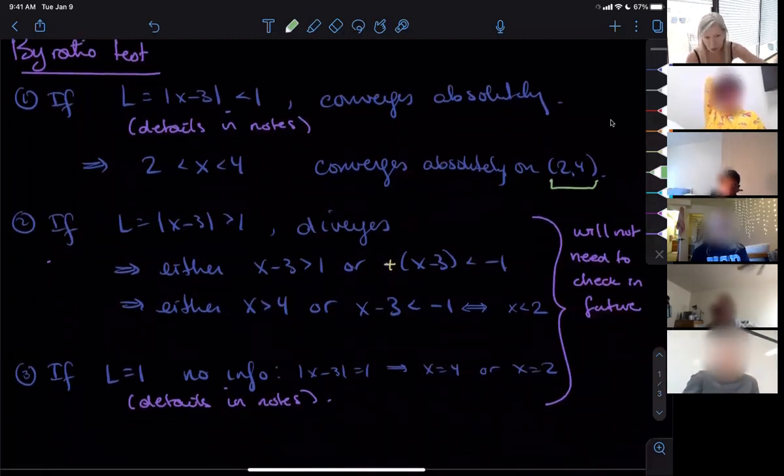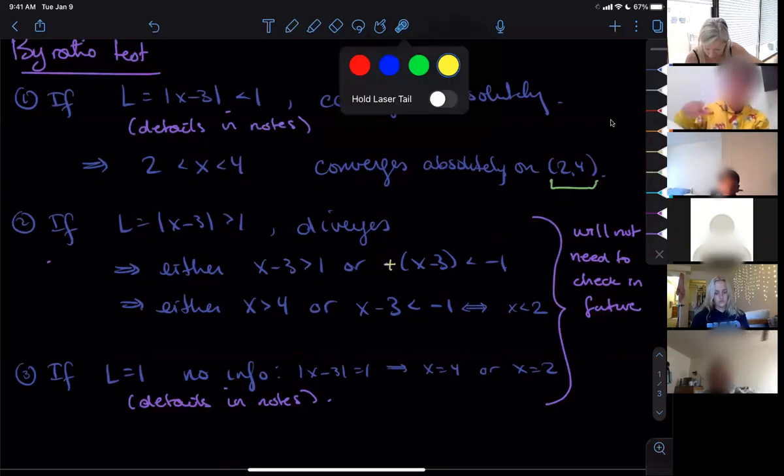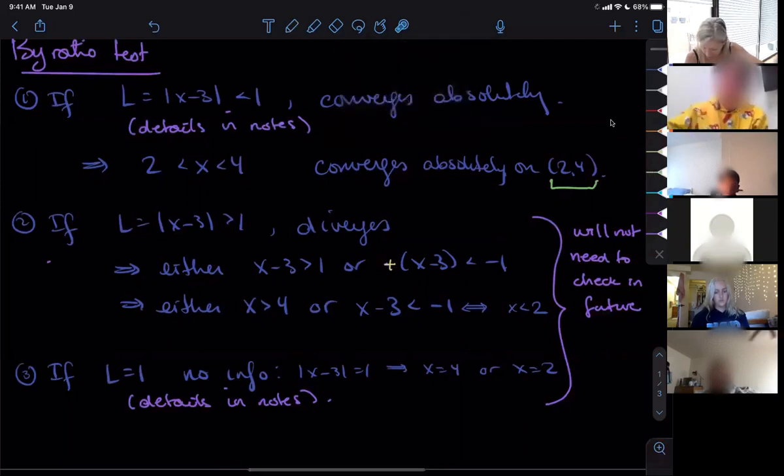And I got screwed up with the calculations last time. I got confused myself. I should have put a plus here instead of a minus. And if you solve that, you see that when it's bigger than 4 or less than 2, that's where it diverges. And the last thing from the ratio test is that when L is 1, there's no information. And so that's at 4 and at 2.